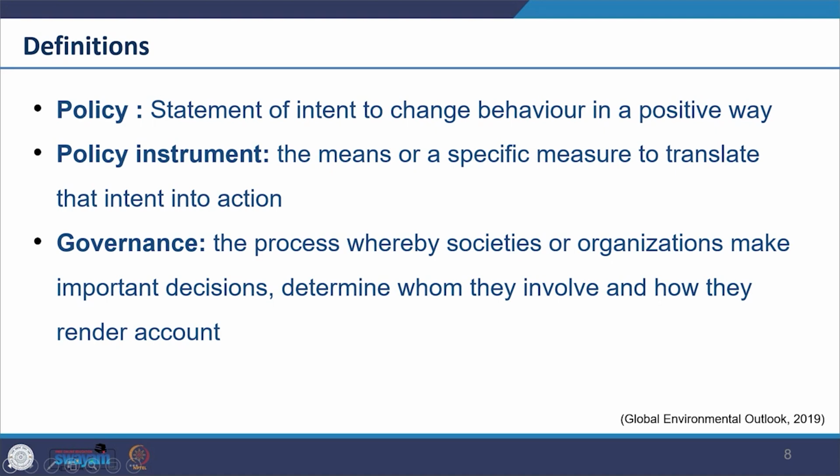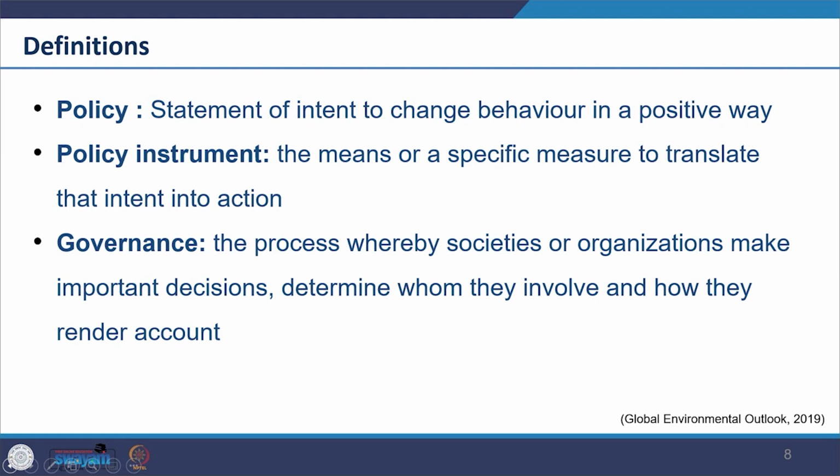What we really want to do is what policy determines, whereas a policy instrument is the means or a specific measure: how we are going to make those positive changes and what means we are going to use to translate that intent into action. That is what is meant by policy instrument.